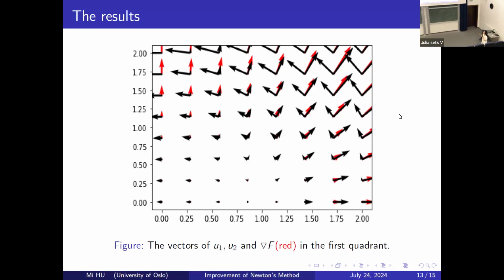So this gradient is always between u1 and u2. It's a very good phenomenon. We used the computer to program and check this. We see this result is very good.